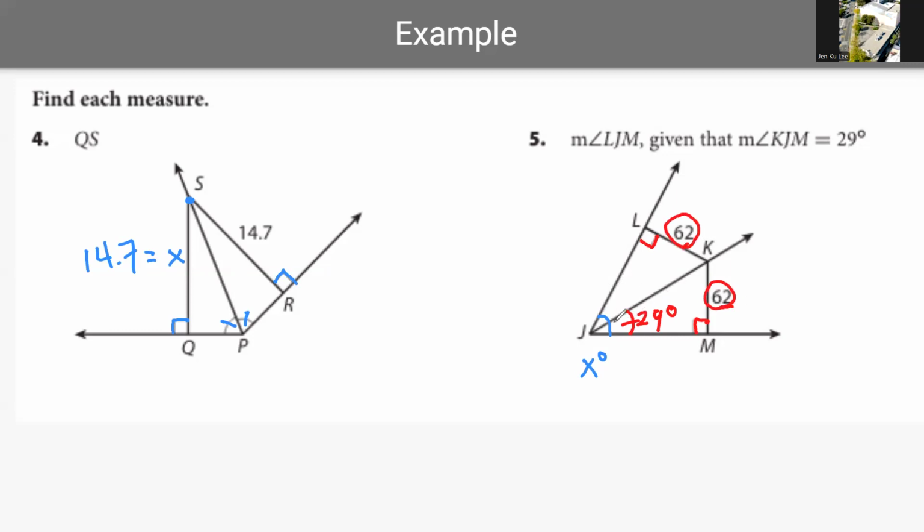So I know that JK is the bisector, that JK bisects this angle LJM. So if this is 29, then this is also 29 degrees, making the whole thing, my X degrees, 58 degrees. Pretty simple.